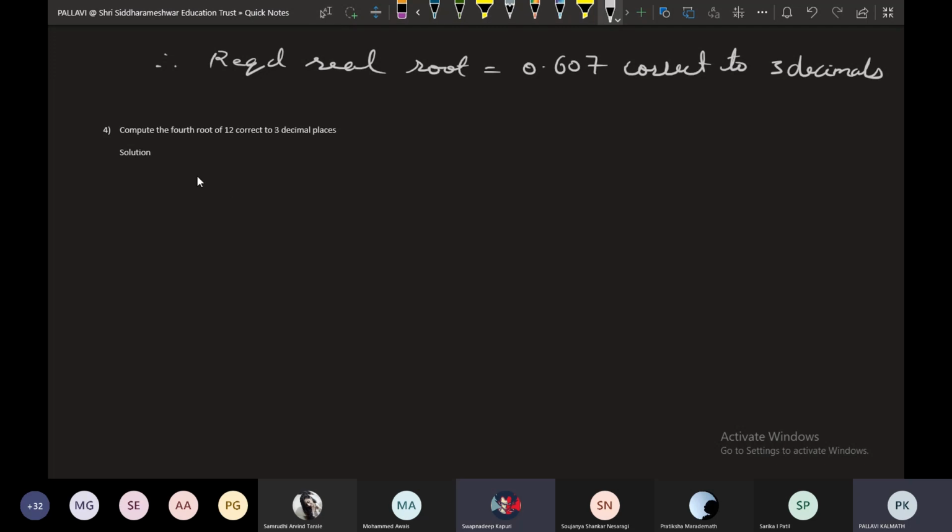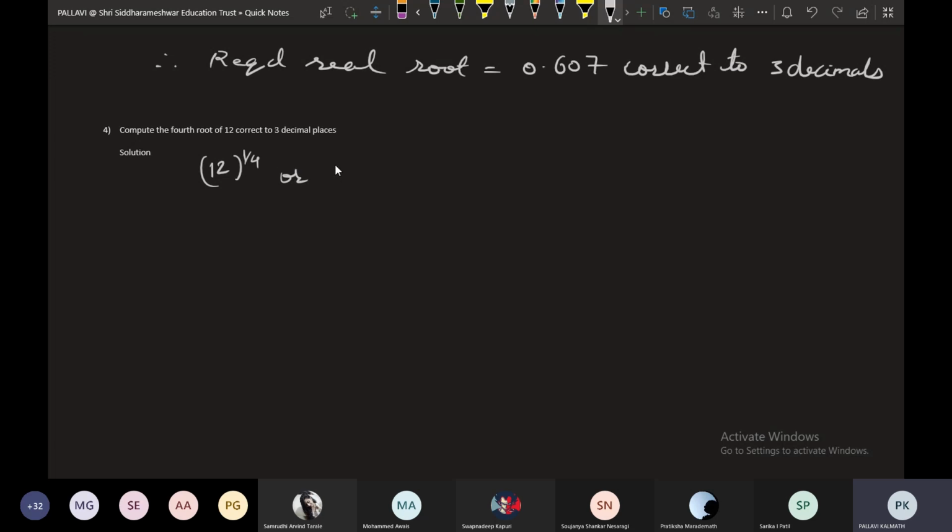Tell me, how do you write it? 12 to the power 1 by 4. Okay, 12 to the power 1 by 4, or what is one more symbol?